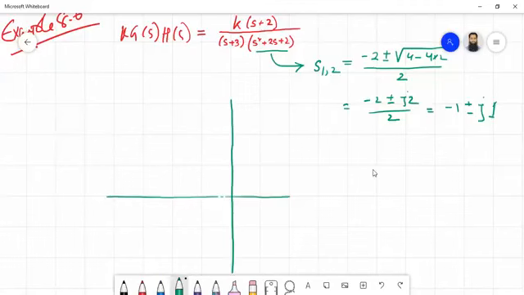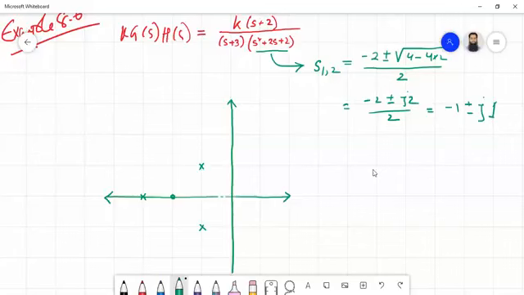One pole you have at minus 3, somewhere here. One zero you have here, and then two poles you have, one here, one here. Now we have to find out the angle of departure and angle of arrival for this particular zone.